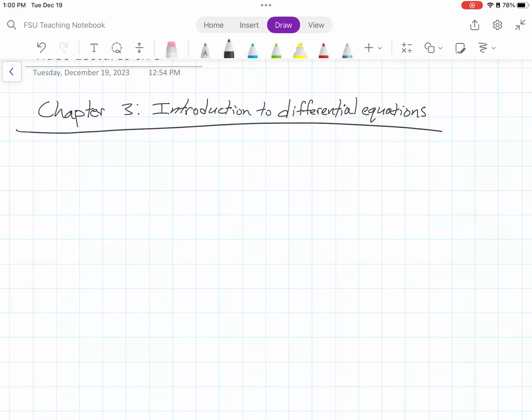We're going to go ahead and get started here in chapter 3 of the textbook, which is on the introduction to differential equations. In this class, we will be focusing on the application of differential equations to engineering, to design, and so we will be digging into the math for the solutions to differential equations and our ability to analyze them.